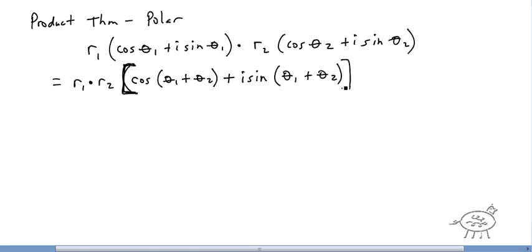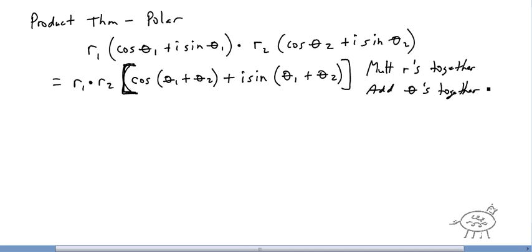That's all it is. You multiply the r's together and you add the thetas together.